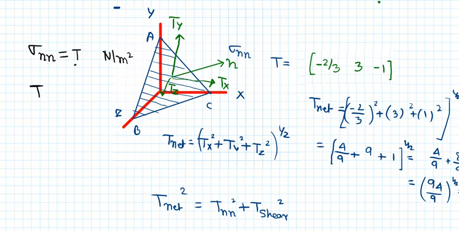T net is nothing but Tx square plus Ty square plus Tz square, and take an under root of that. So this is the net force. Always, net force is not oriented on the plane. So we can calculate the net traction force acting on this plane.